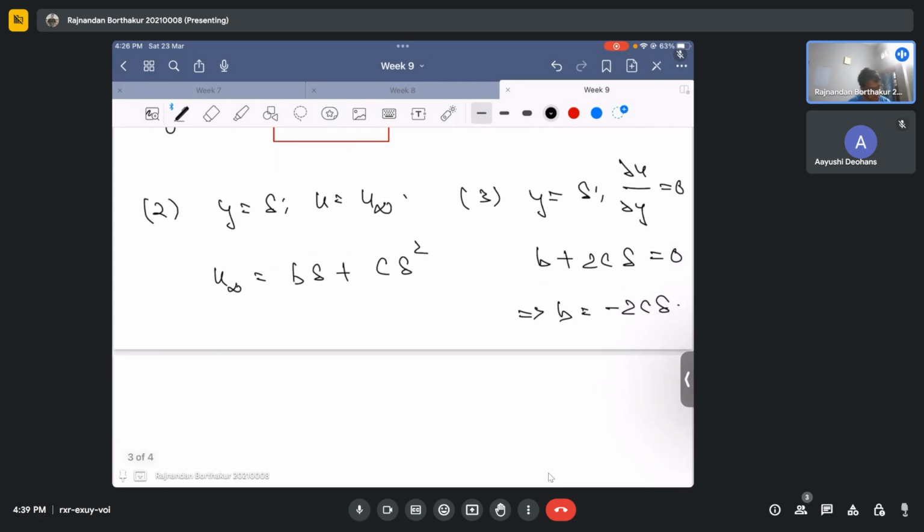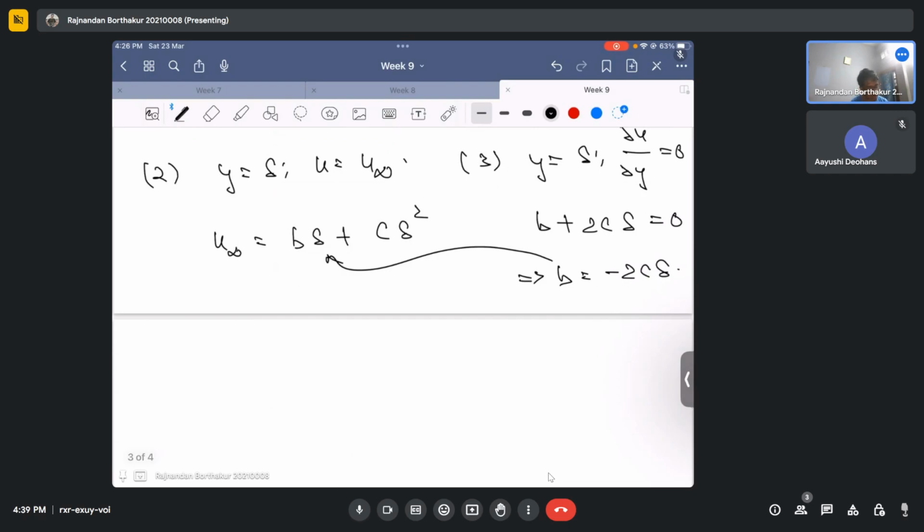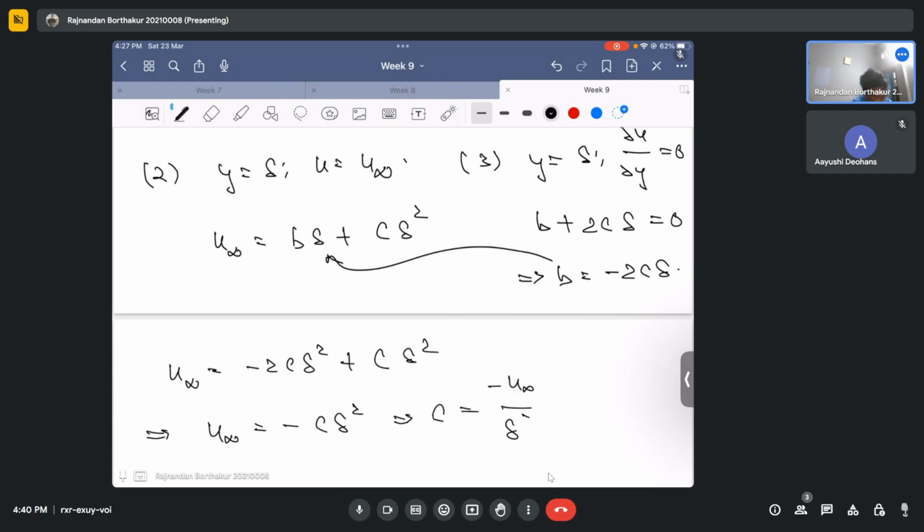If you substitute this b, you will get c. So u infinity is, since b is minus 2c delta, minus 2c delta squared plus c delta squared, which gives u infinity equal to minus c delta squared, which means c is minus u infinity by delta squared.